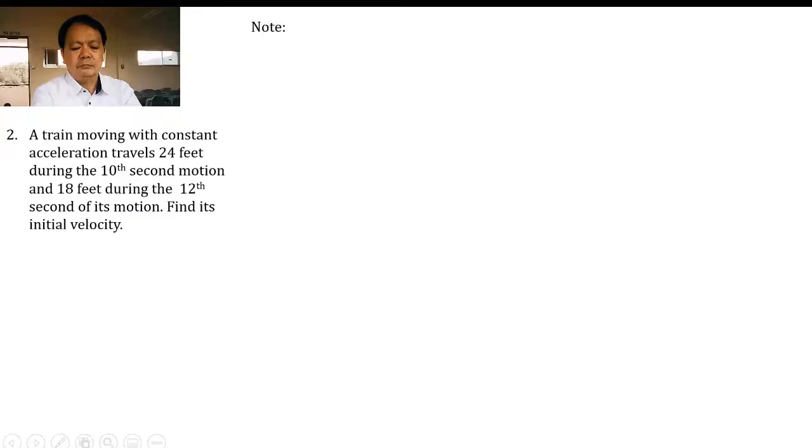Note dito, meron dito tinutukoy na 10 second of each motion and it has traveled 24 feet. Yung sinasabi dito na 10 second ay tumutukoy sa isang segundo lang yun, isang segundo na yung time ay matatagpuan between t equals 9 and t equals 10 seconds.